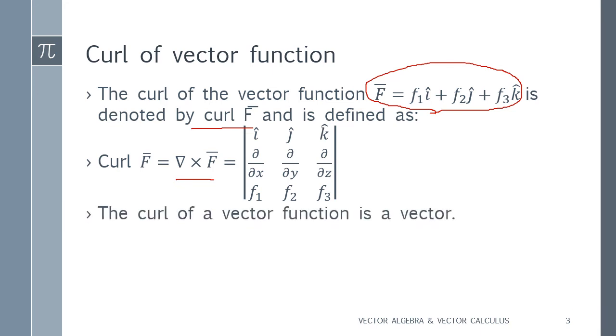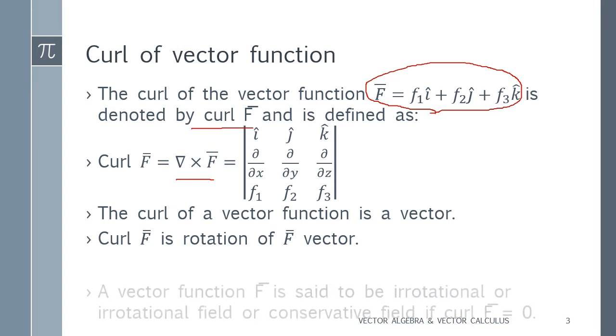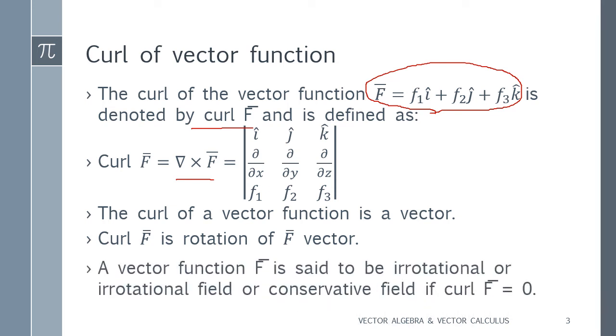Now next one, the curl of a vector function is a vector. Curl f is the rotation of a vector, we can say that. So finally we can say the curl f field is ultimately known as an irrotational field. Okay, its other name is irrotational.